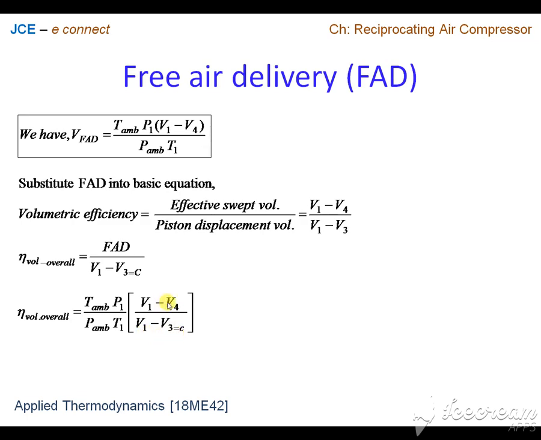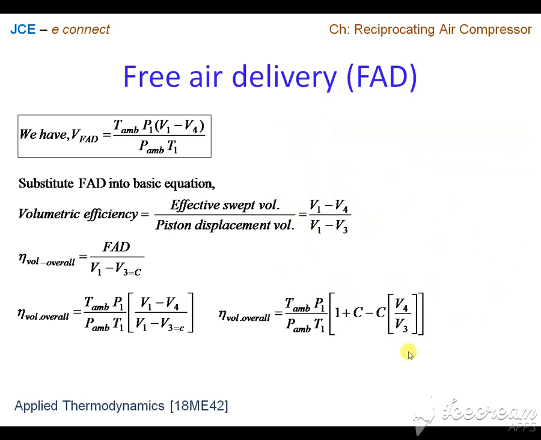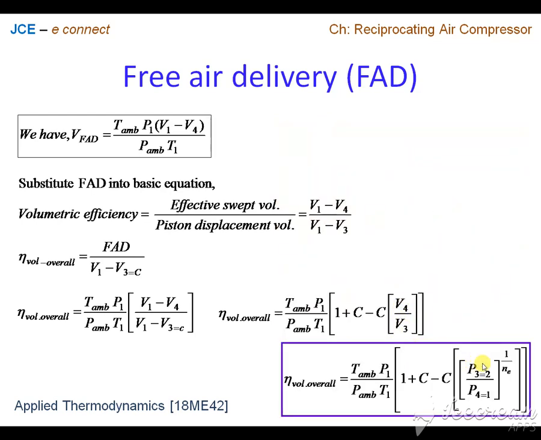Now next, V1 minus V4 by V1 minus V3 represents 1 plus C minus C times V4 by V3 as shown here. Now this V4 by V3, looking at the PV diagram, by applying the property relation for the expansion stroke, can be written in terms of pressure ratios as P3 by P4 raised to 1 by n. Therefore, we can replace volumes with reference to pressure ratios and we get the equation of this kind.